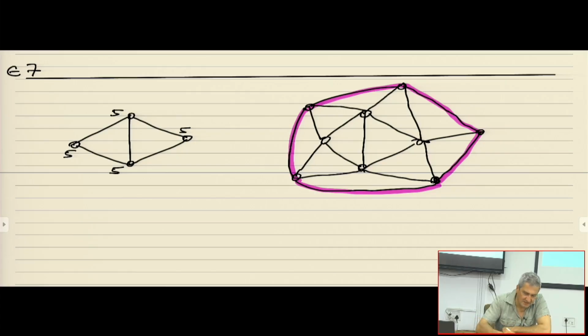I forgot to draw one vertex here. And this is x1, x2, x3, x4, x5, x6.